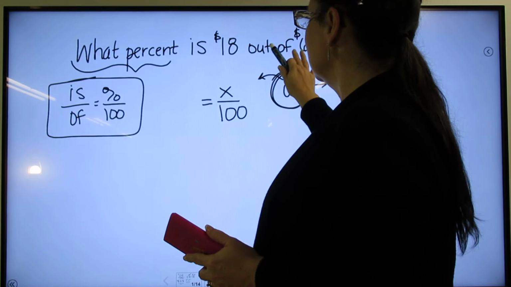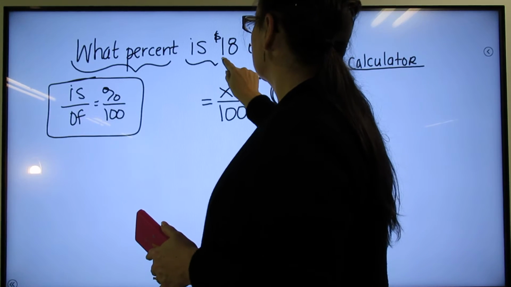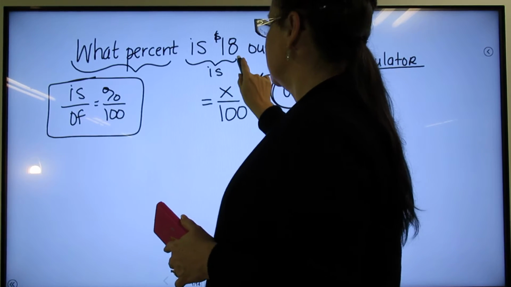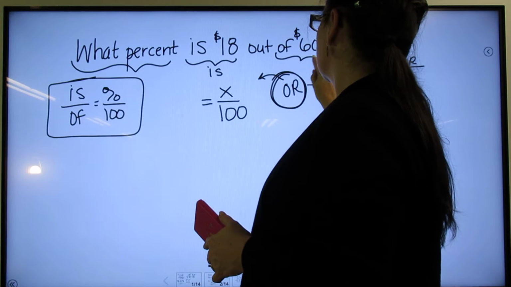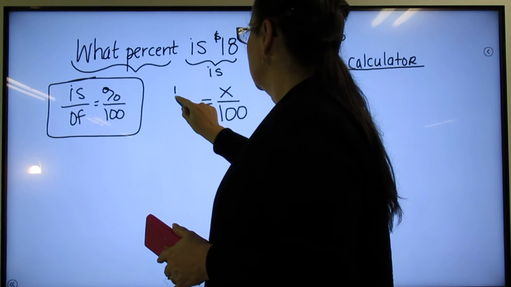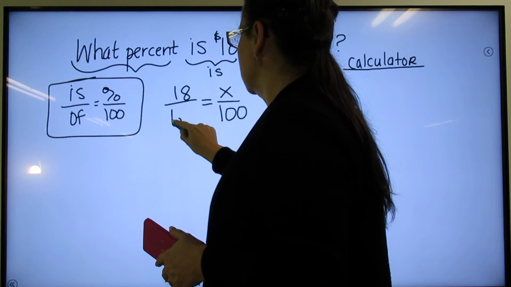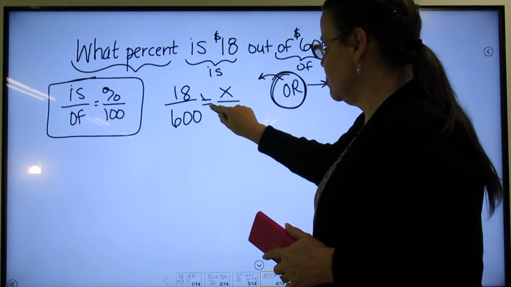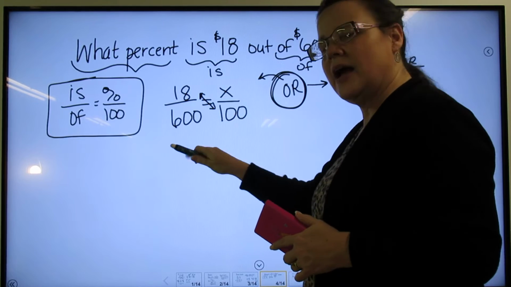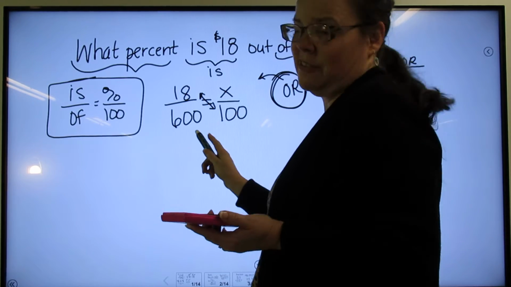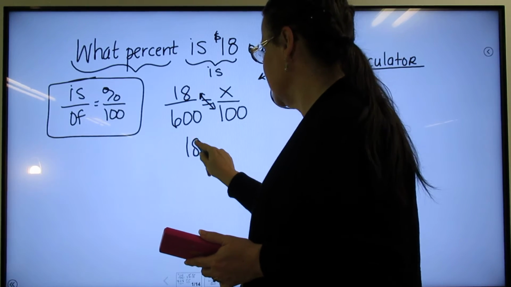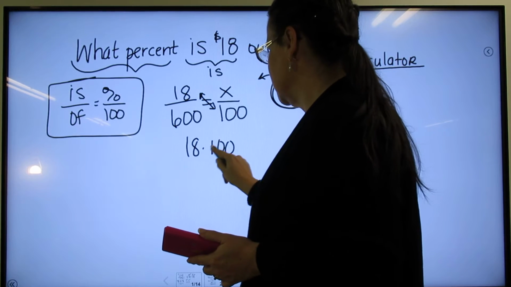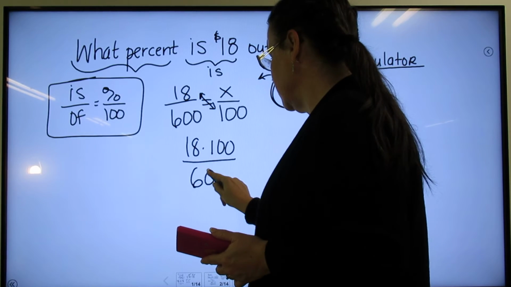And then 18 out of 600, and you do 18 over 600. Then cross multiply the 2 numbers you do have, and then divide by the 1 number that's left. That's what I always tell them. Don't make it too complicated, of course. Seems to be my motto through all these videos.